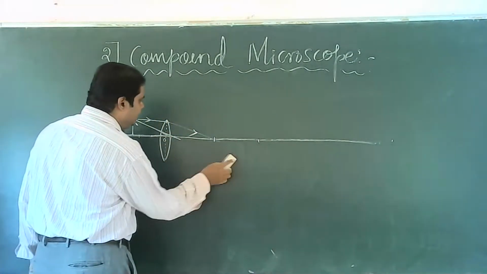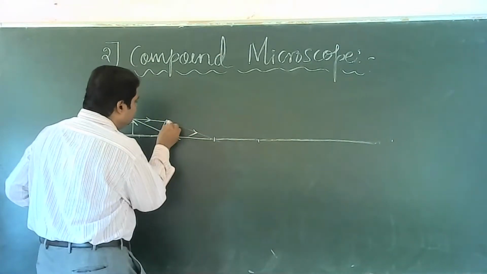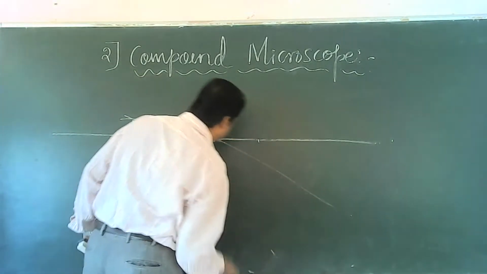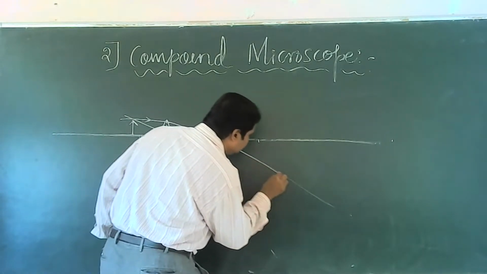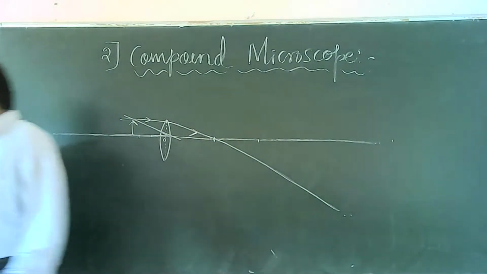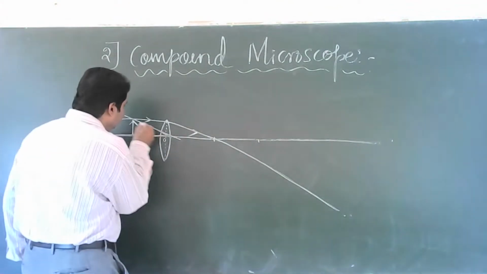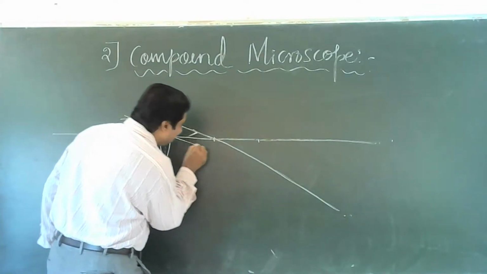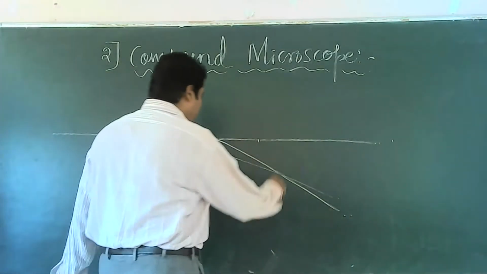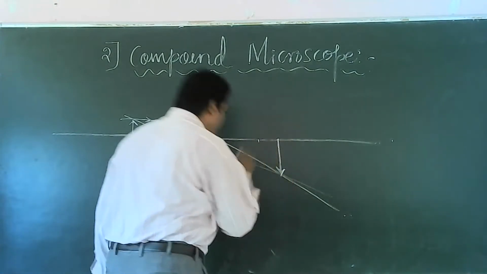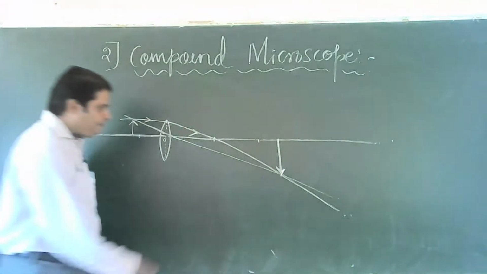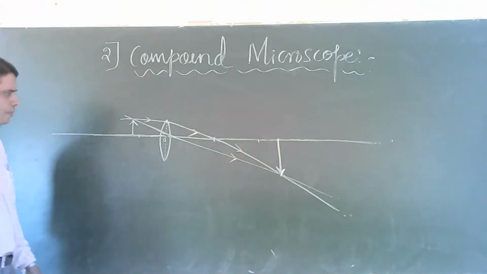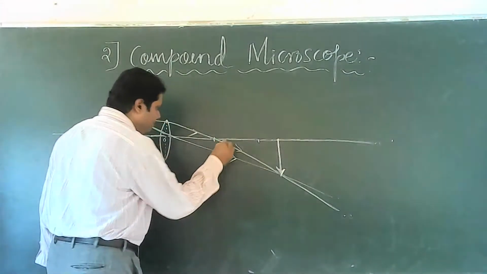I will draw neatly now. One second. Chalk pieces are not very supportive. Now, this is somewhat good. Yes, this is the point. Okay? I will mention this point as a.